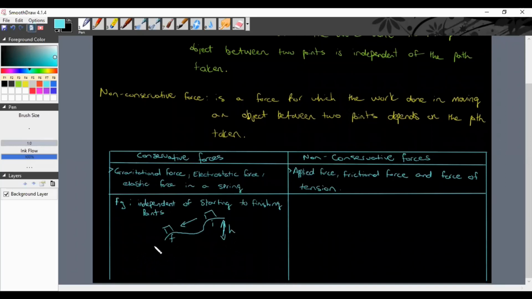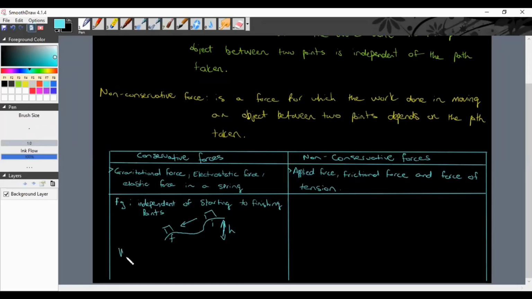In other words, the work done by the gravitational force only concerns the height, because the path was from I to F this way, and gravity is still going in the same direction as h.